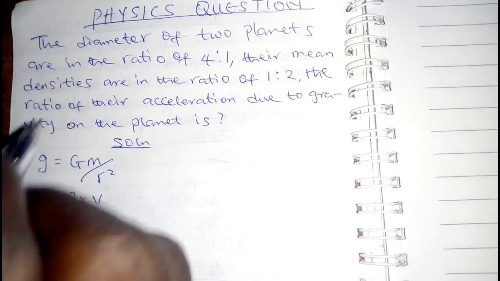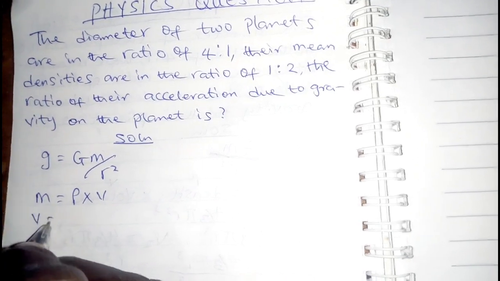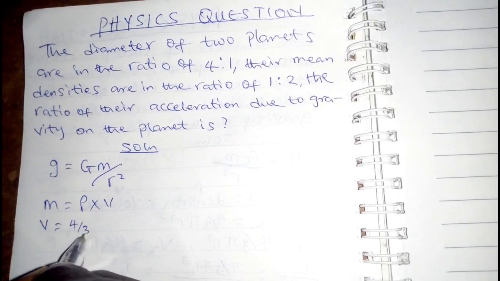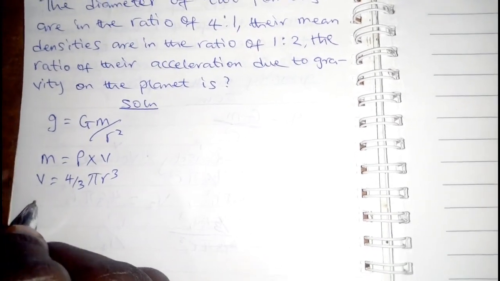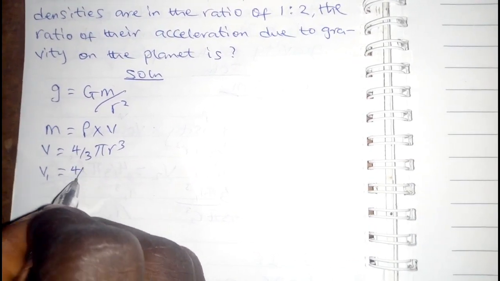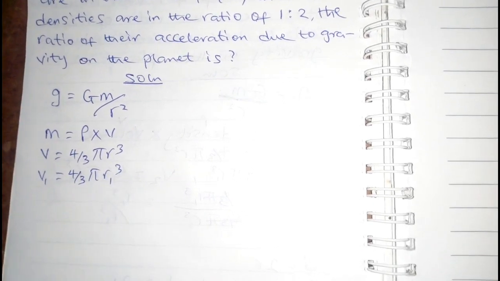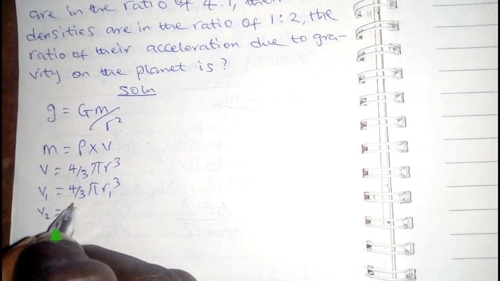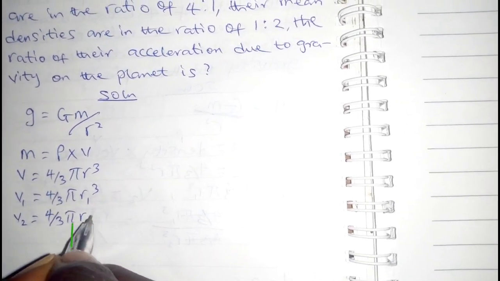Your density is given, but your volume is not given. But volume is equal to what? It is equal to 4 over 3 pi r cubed. For the first planet, the volume V1 is equal to 4 over 3 pi r1 cubed, and the volume of the second planet, V2, is 4 over 3 pi r2 cubed.